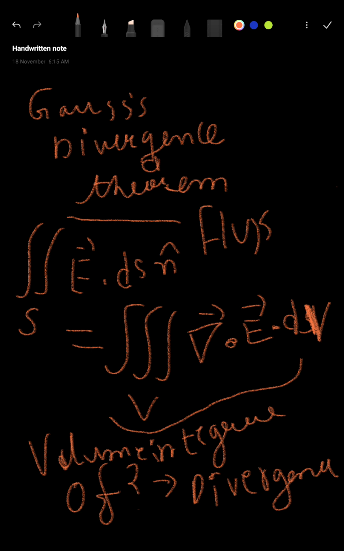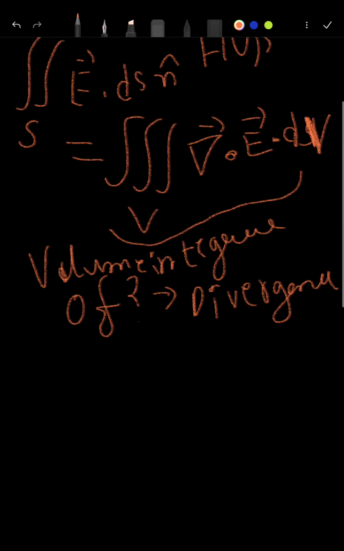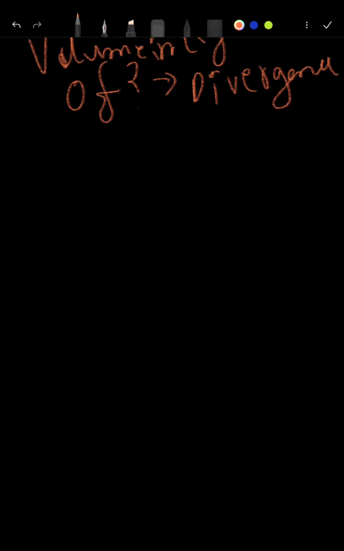So, if we have a field in three-dimensional space, and for this video we will be speaking with reference to Cartesian coordinates, let's have a general contour in three dimensions.